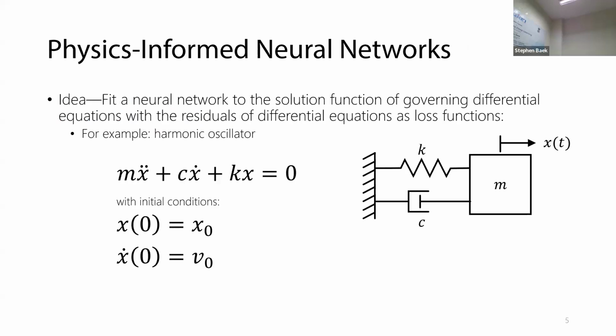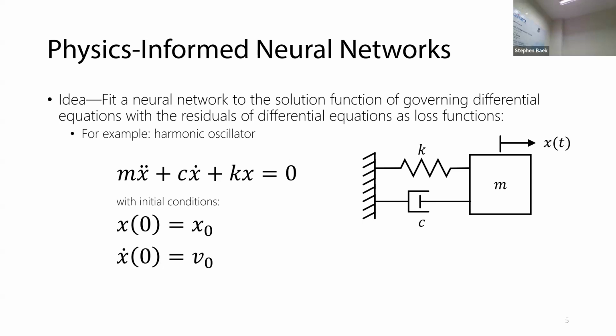So the idea of physics-informed neural network, or PINN, P-I-N-N, is to fit a neural network to a solution function of some governing differential equation describing the physical process. That's a lot to unpack.